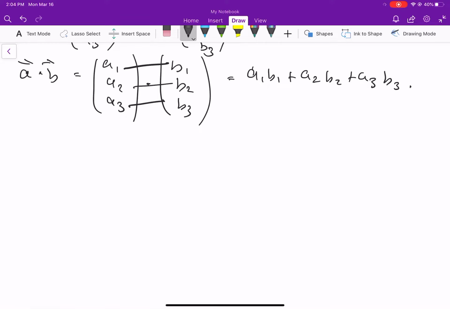And now that we know how to find the dot product, let's use it to find the angle between two vectors. All right, let me find a nice example.